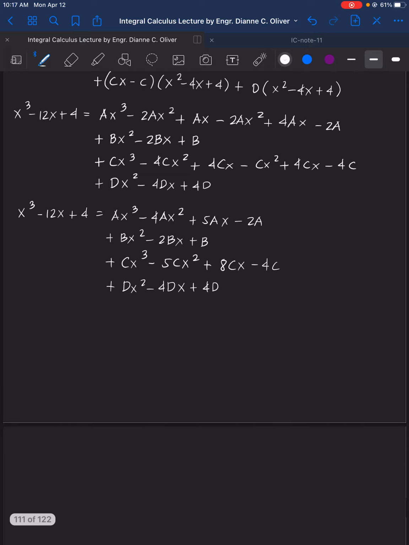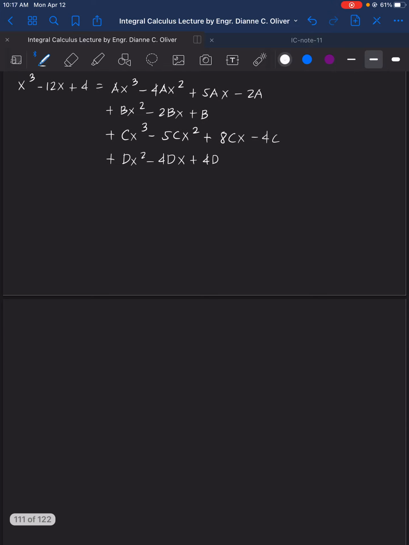Okay, now we will use this final part here in equating. So equate x raised to 3. So we have here x raised to 3, x raised to 3. So we have 1 equals a plus c. So c is equal to 1 minus a. That is equation number 1.